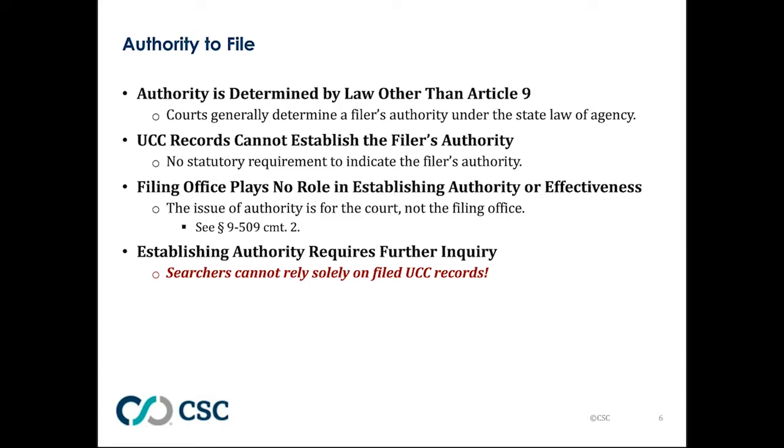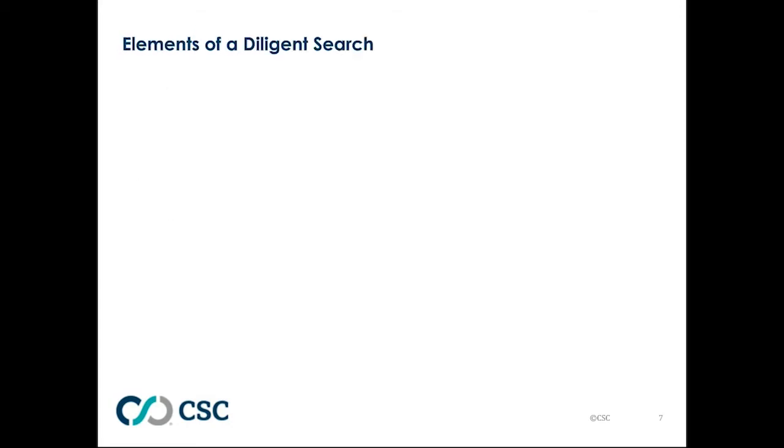Now let's move on and talk about the elements required for a diligent search. First of all, a diligent search, a search that's designed to be reliable, has to be conducted on all the relevant debtor names. And I'll explain that a little bit more in a minute.